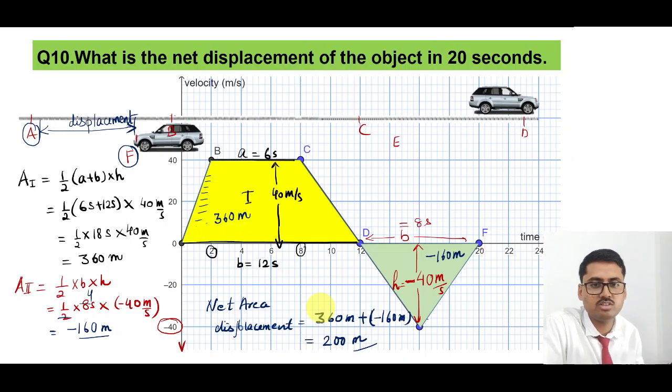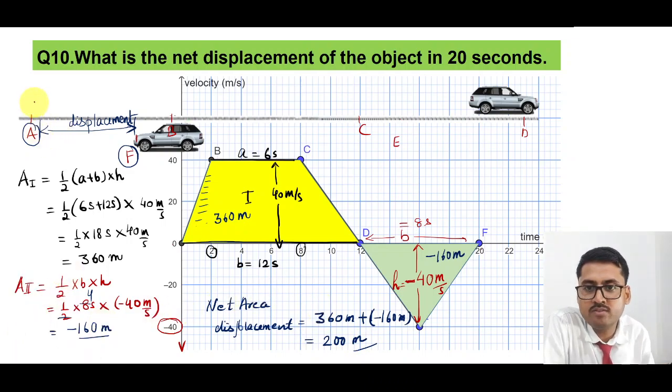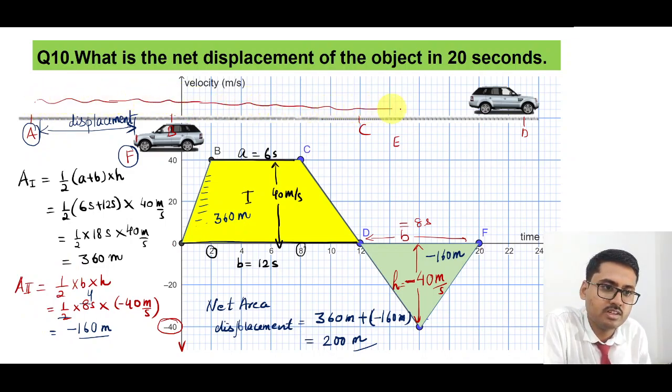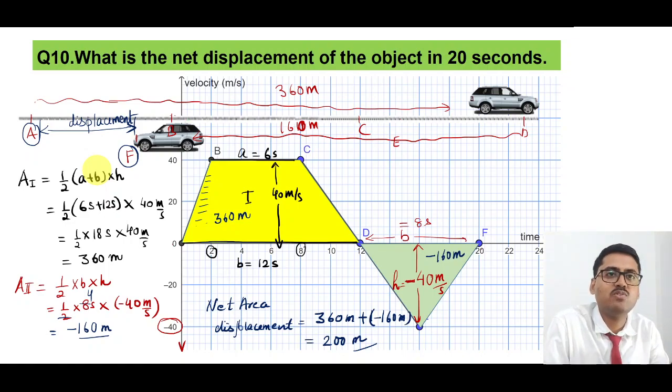I hope you got the answer. So basically, while going from A to D, the object covers 360 meters and it returns 160 meters. So the displacement is 200 meters.